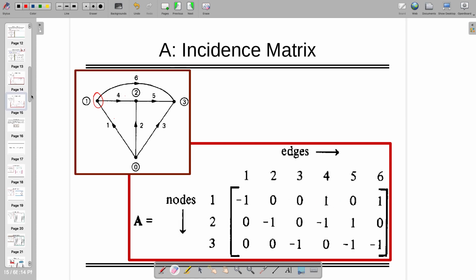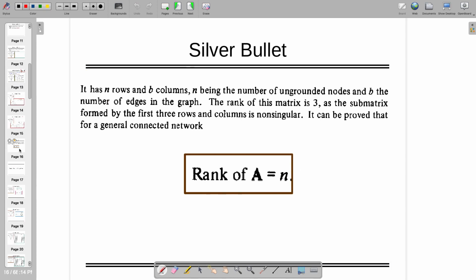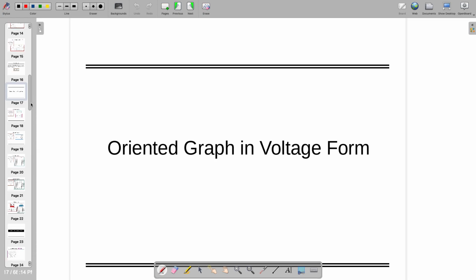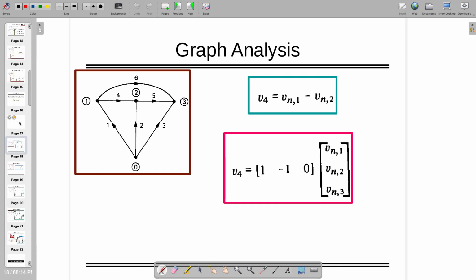But the same incidence matrix which has been written in terms of KCL, you can write down using KVL as well. So if you are writing in voltage form, or KVL, it will be as follows. You need to look at the edges now, not the nodes. If you are looking at edge number 4, that voltage drop is equal to Vn1 minus Vn2.